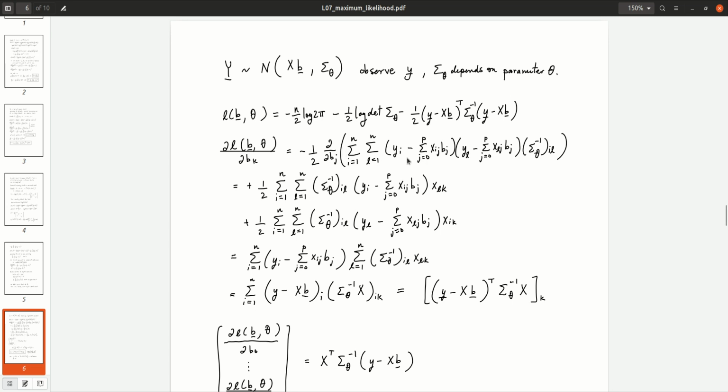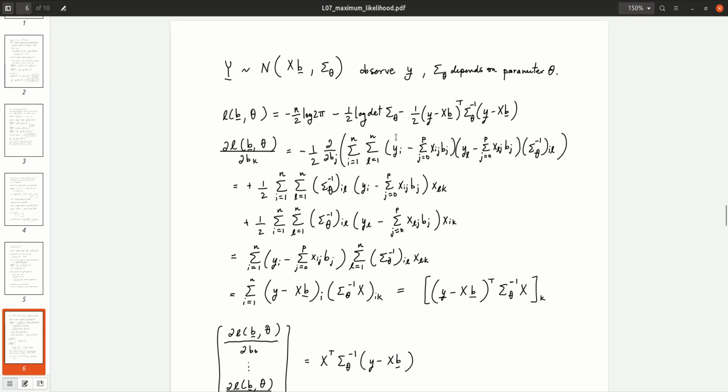So here is the part of the log likelihood that depends on b sub k. We're actually only looking at the quadratic form part because that's the only part that depends on b. So I've just gotten rid of this because we know the derivative with respect to this part is going to be 0. And here I'm just writing out what the quadratic form is.